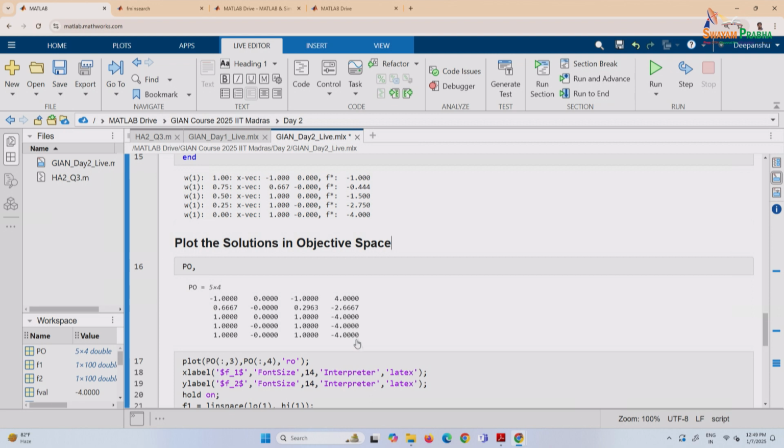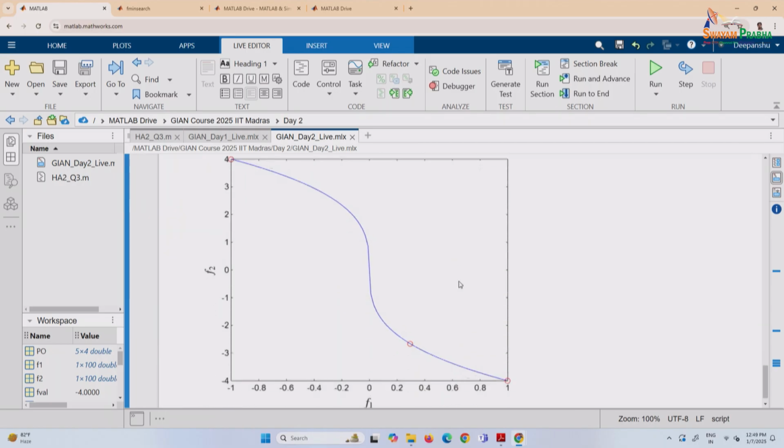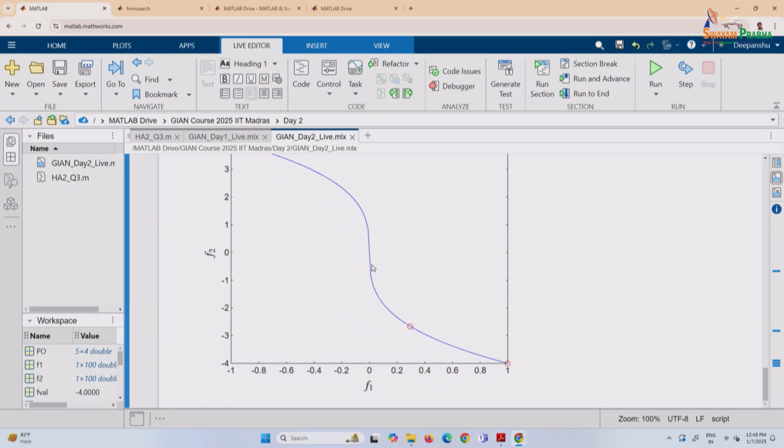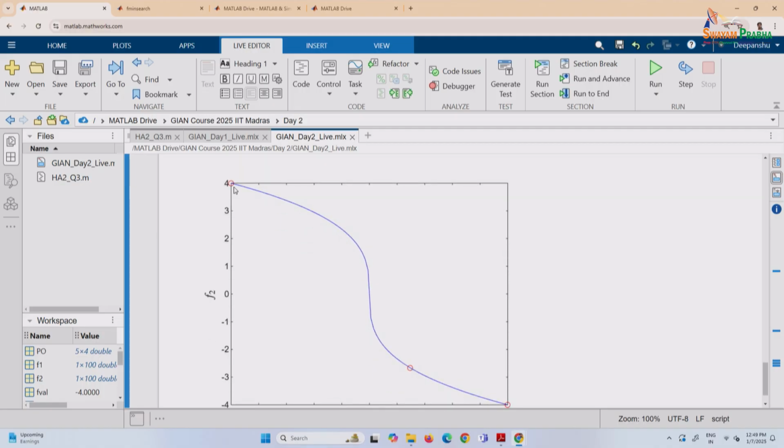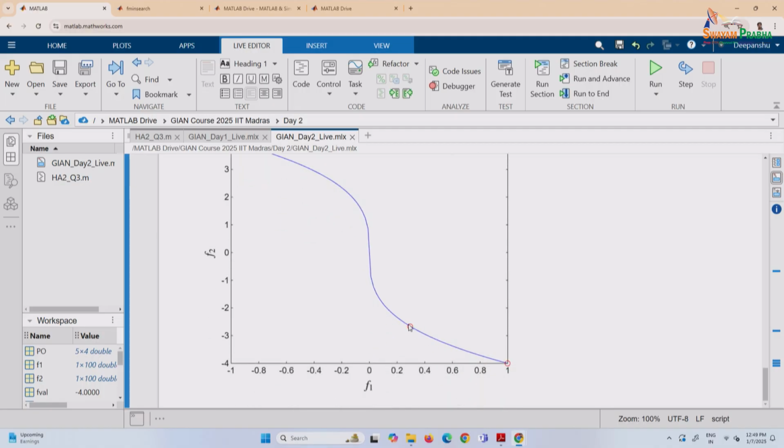Why are these three values the same? I've got the same point, 1, 0, and when I plot them, that's why I have 3 points. It should have been, oh, this one is gone. Oh, this one has come here now. Okay, yeah, that's expected. And these two are over here.